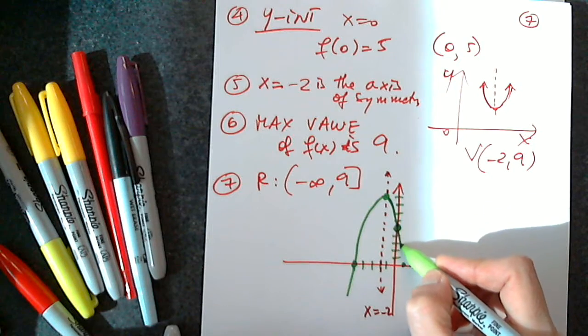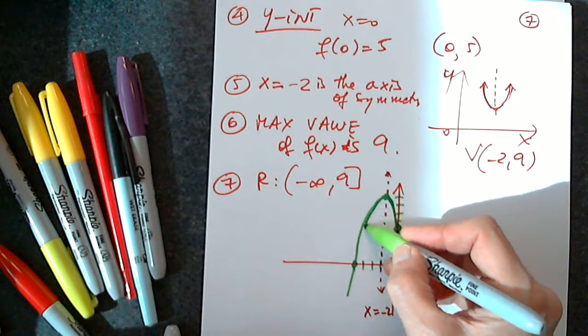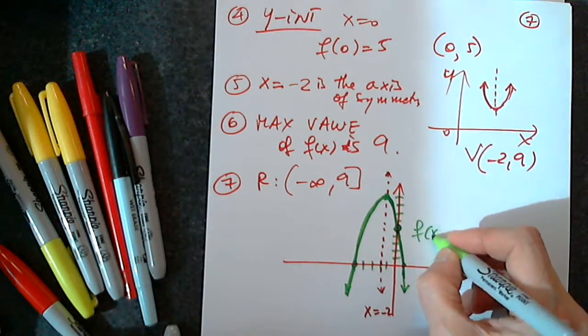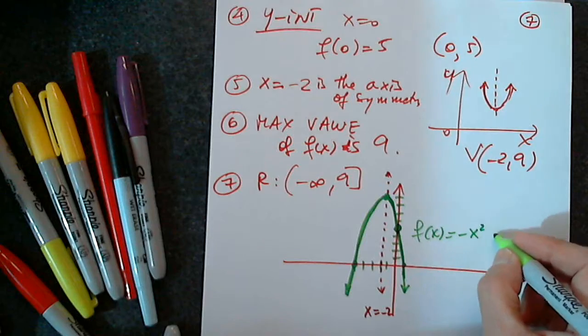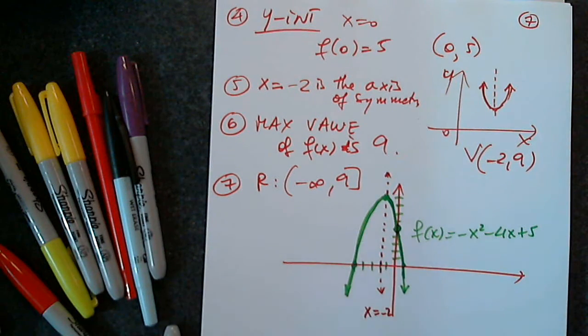My graph is not perfect, but not too acute at the vertex. And then I have to write -x² minus 4x plus 5. This graph was done step by step, not using transformations, and all the minute details are presented.